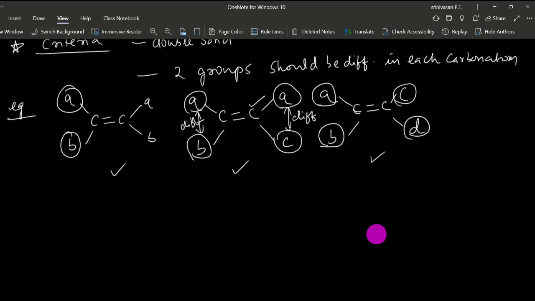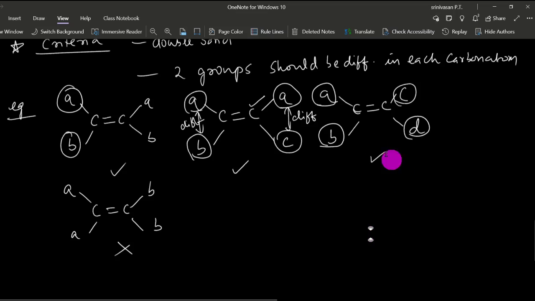But if you take a compound like this, with A and A, this will not show cis-trans isomerism. So you should remember only that. This is what we mean by two groups attached to each carbon atom should be different.